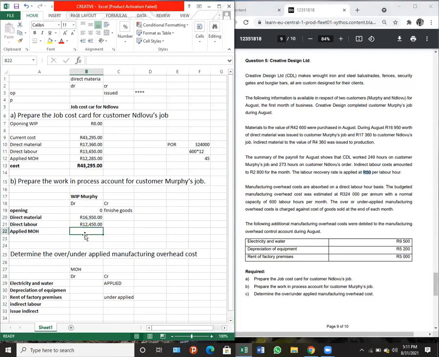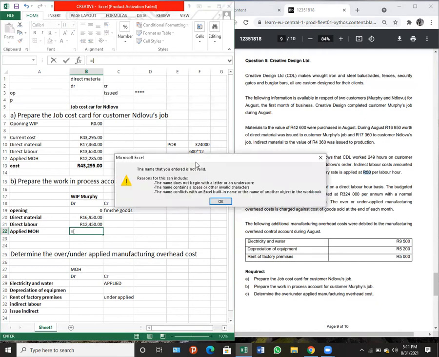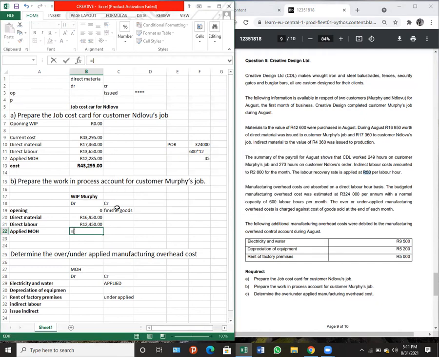And then for applied, 45 multiplied by 249. Correct. Yeah. And then here, guys, how to get the finished one?